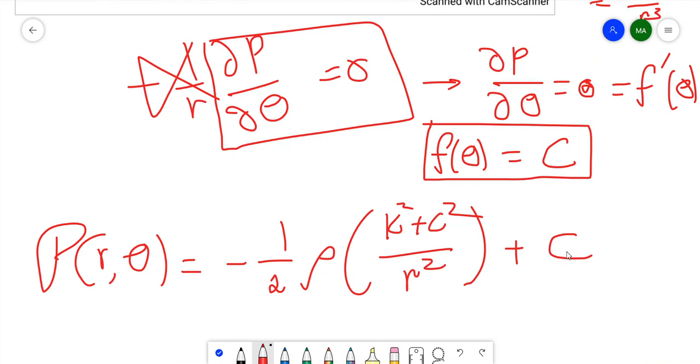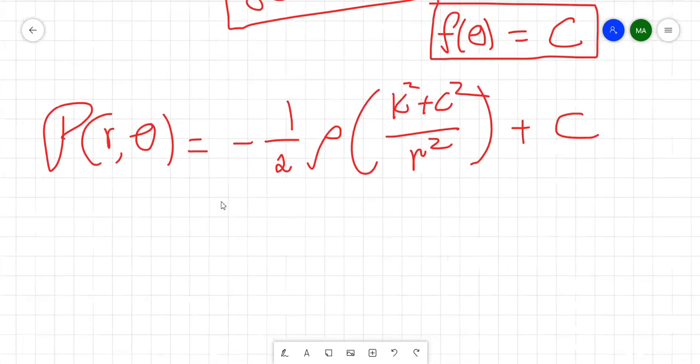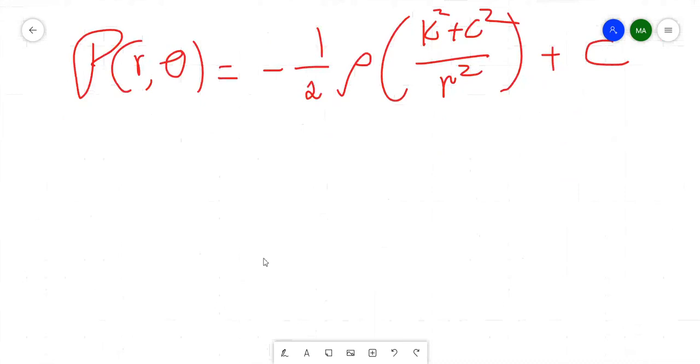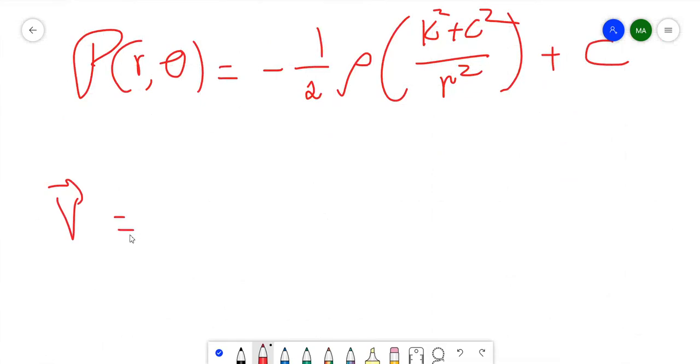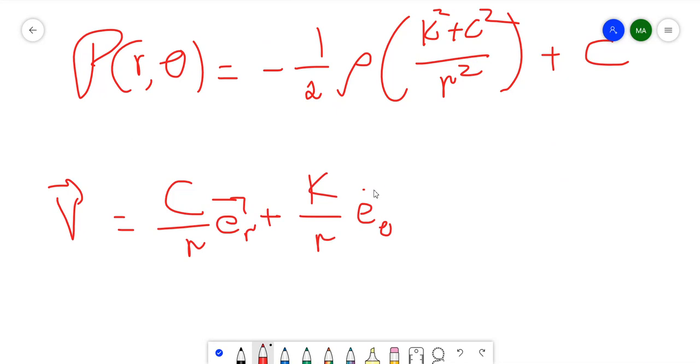And we can observe something from the beginning of the problem, that our velocity field, which was c over r e_r plus k over r e_theta and plus 0.